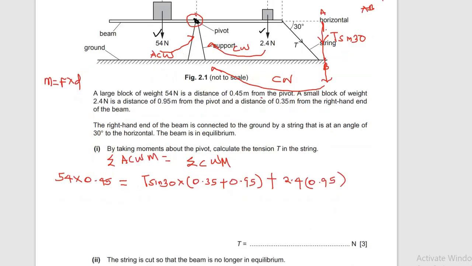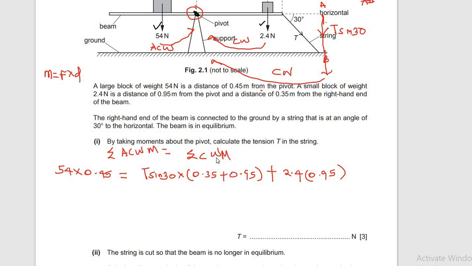Let's do our mathematics. 54 times 0.45 gives us 24.3.